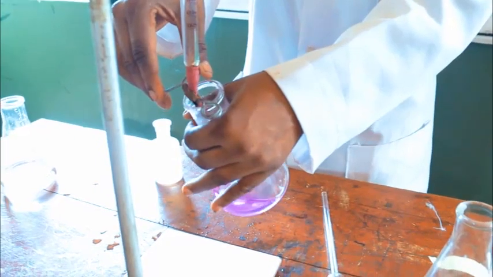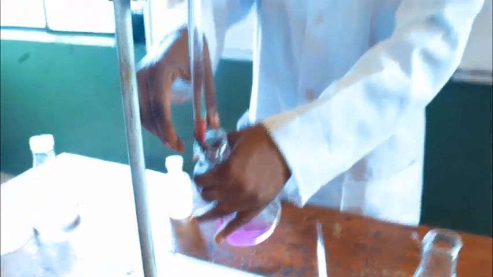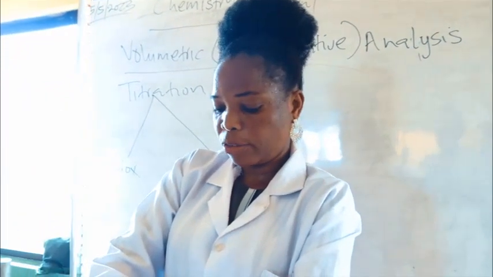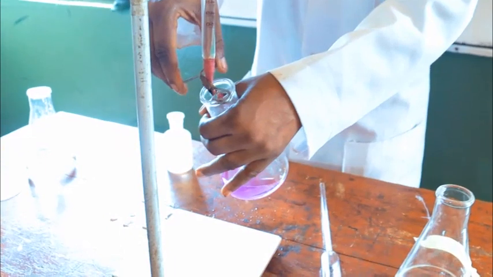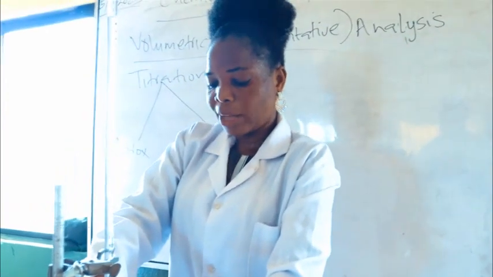Watch very well. At the end point, you are going to observe that the pink color disappears and the color becomes colorless. That is when I know that I'm already at the end point. The end point is also known as the titer value.